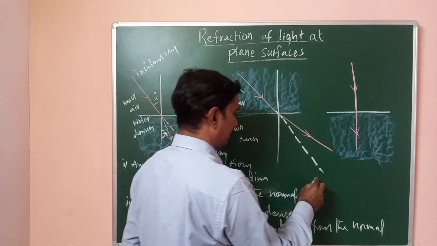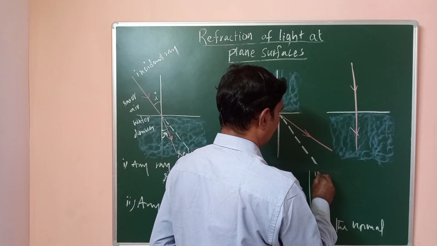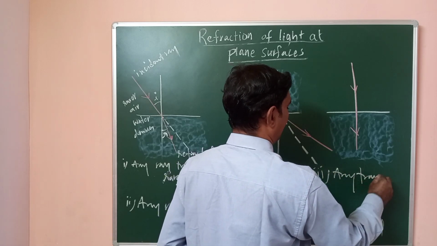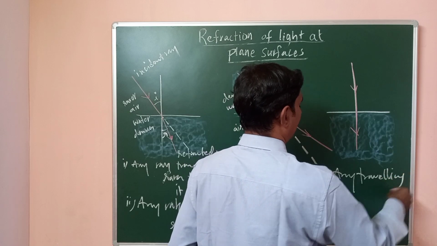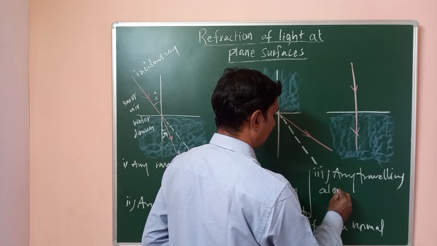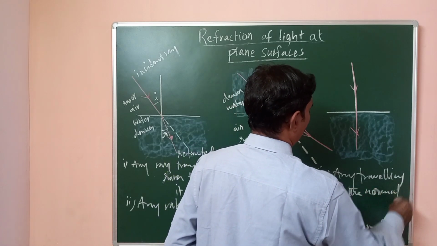The third point that you need to remember is, any ray traveling along the normal will not bend.